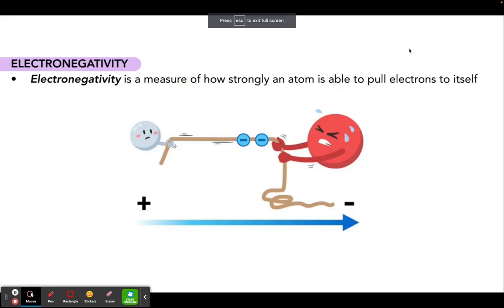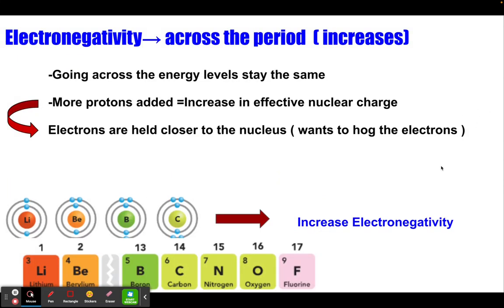Okay, electronegativity is a very similar concept but slightly different. When two atoms are bonded, they tend to share electrons. Electronegativity is a measure of how strongly one atom pulls on those electrons. So if an atom is very positive, it really wants to pull those electrons. Let's look at the trend.